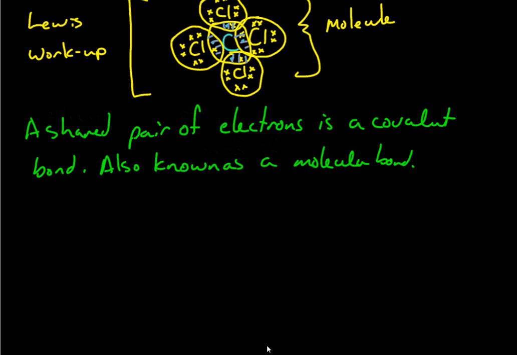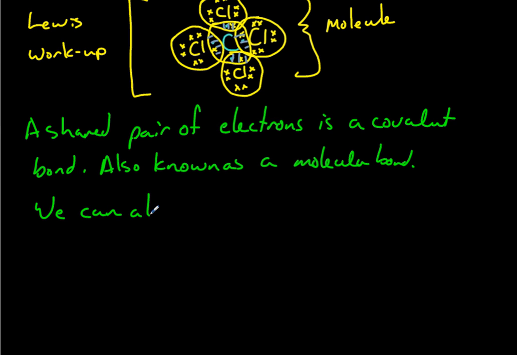One other thing I want to show you is oftentimes you don't see the entire Lewis workup. There's sort of a different way of writing this. So other than the Lewis workup, we can also represent molecules differently.